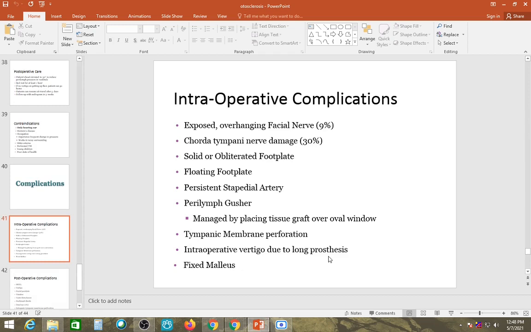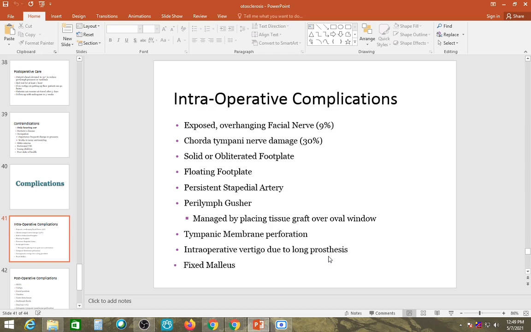Post-operative complications: exposed overhanging facial nerve, maybe 9% can arise complication; chorda tympani nerve damage, 30%; solid or obliterated footplate, then floating footplate. After putting it, maybe it comes out and floats inside the ear.